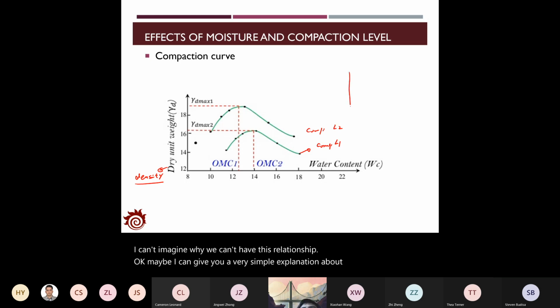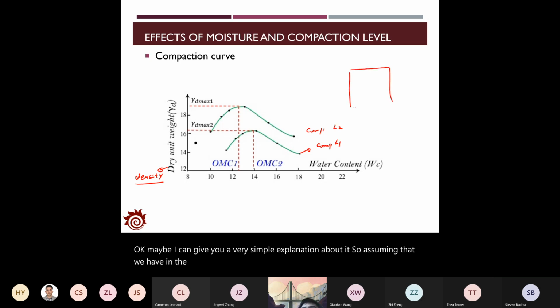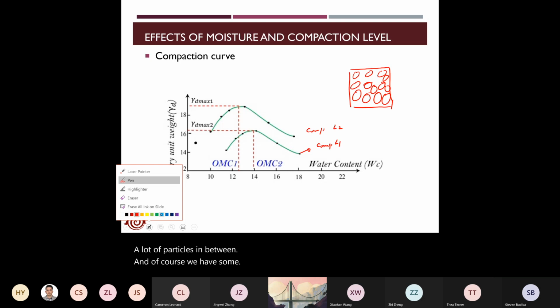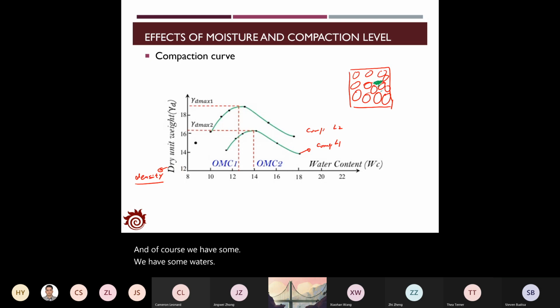So assuming that we have the sample, this is the sample, and in this sample, the soil, we have a lot of particles in between, and of course we have some waters there.